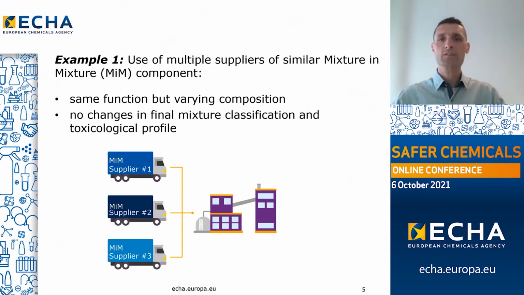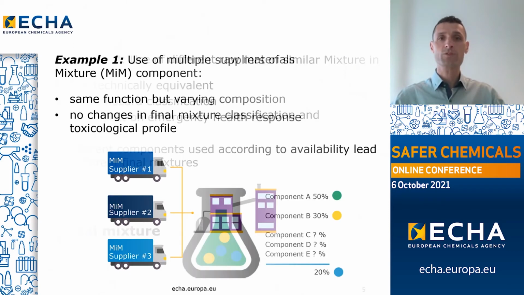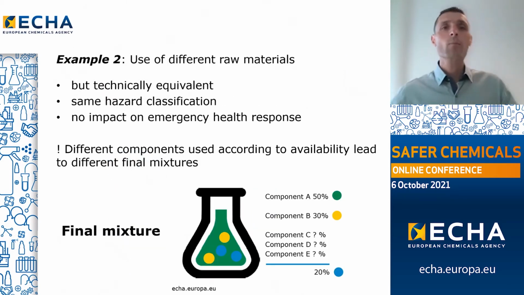There are no changes in the mixture classification, and there are no changes in the toxicological profile. But simply, these mixtures are chemically different, so they will lead to a different final composition.